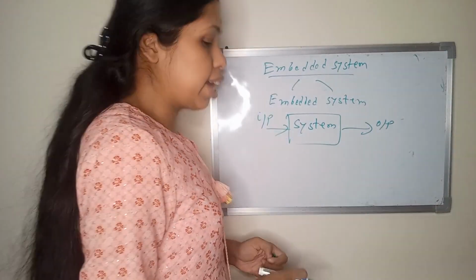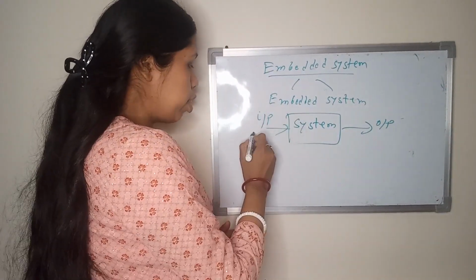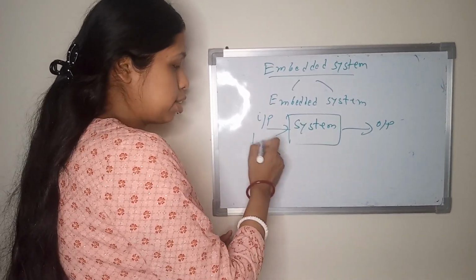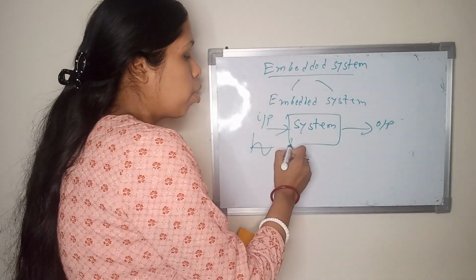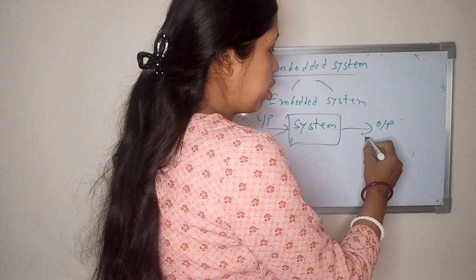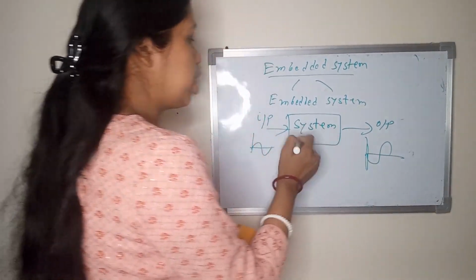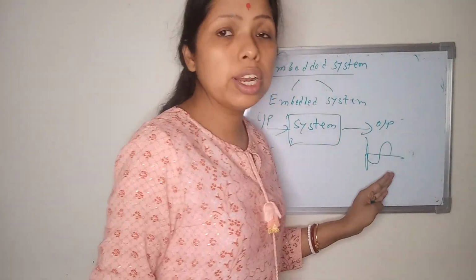So next is the embedded system. Here you will give some input signal. Suppose you give a sinusoidal wave to the system, and at the output side you get a cosine form. That means this is a system which transforms the sine wave to the cosine wave.